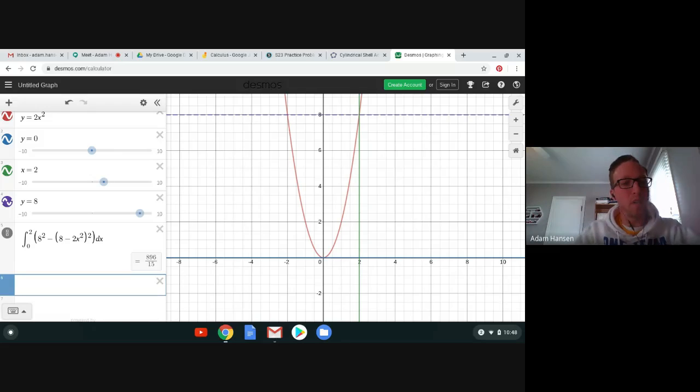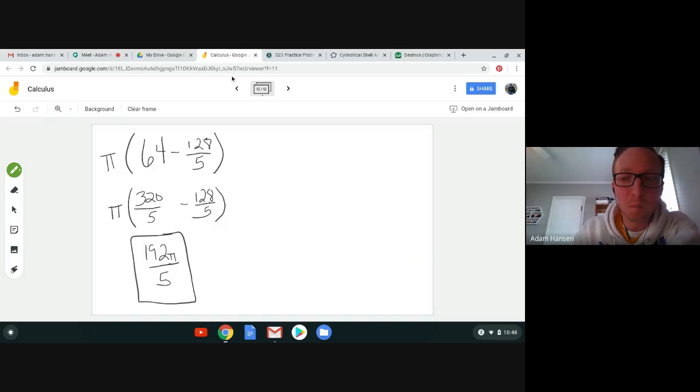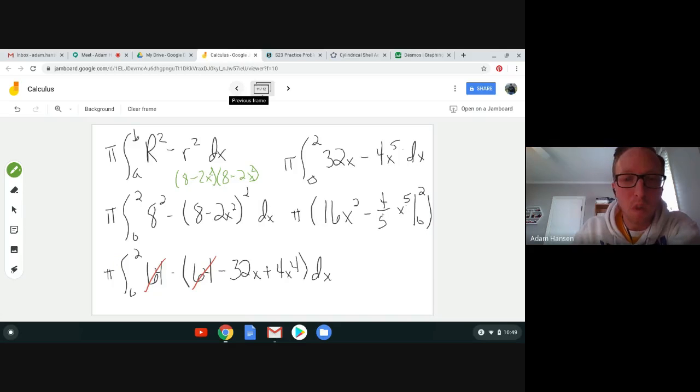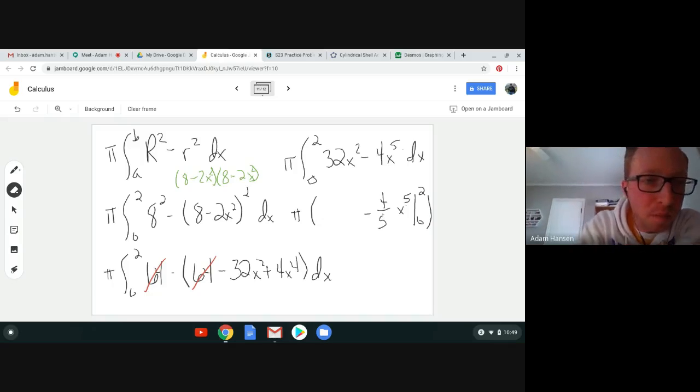Why aren't we getting the right answer here? Oh, I bet I know. It's minus 32x squared here. So that would be 32 thirds x to the third. Gosh darn it.